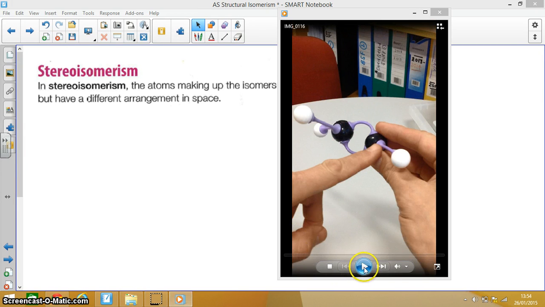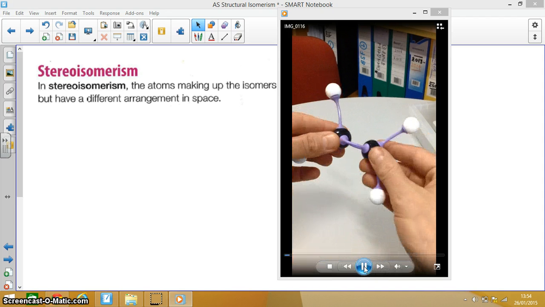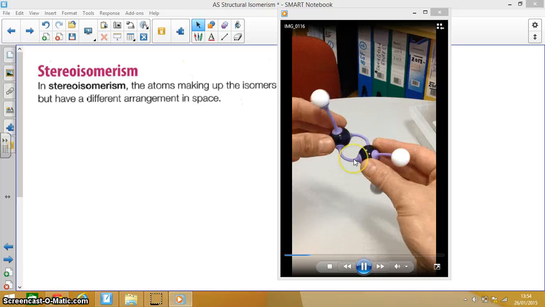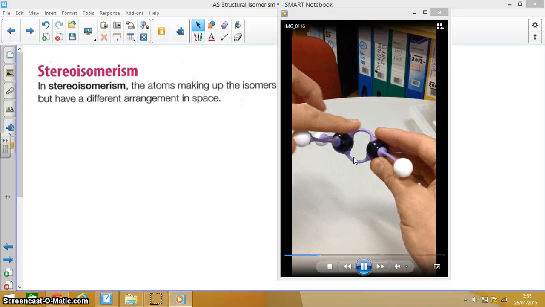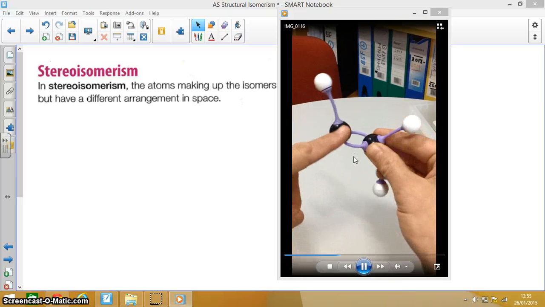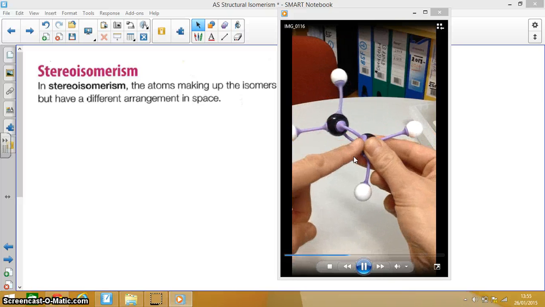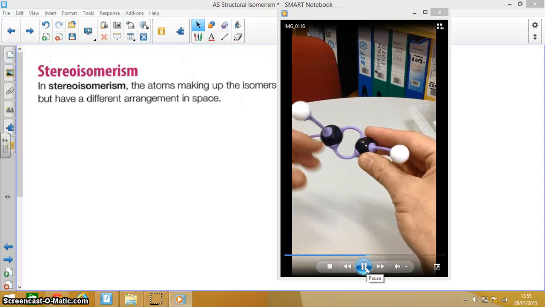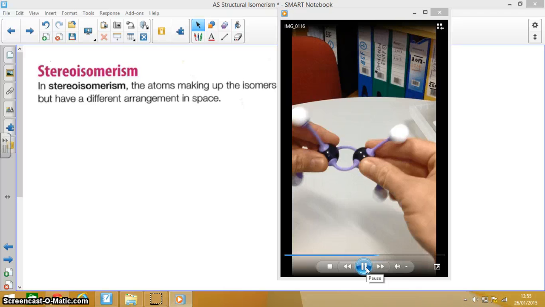Now if we look at a molecule of ethene, you can see that we have a carbon-carbon double bond. And if we look at this molecule, you can see that this carbon-carbon double bond gives a measure of rigidity in the molecule. In other words, you cannot rotate it.